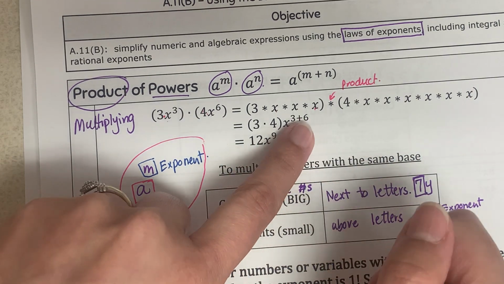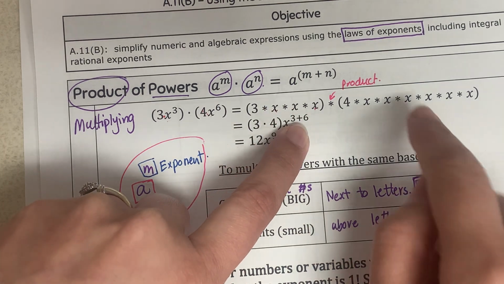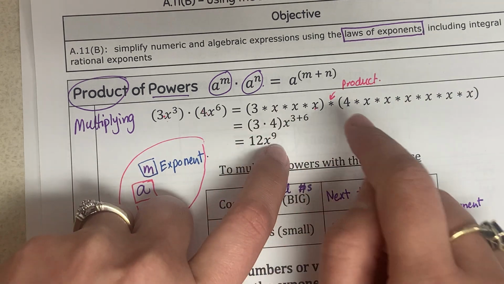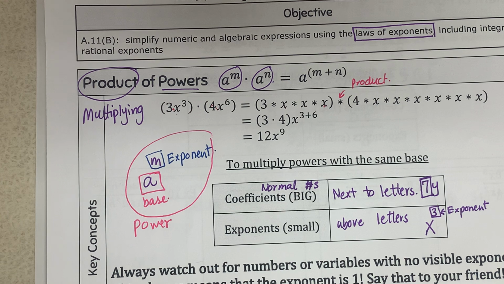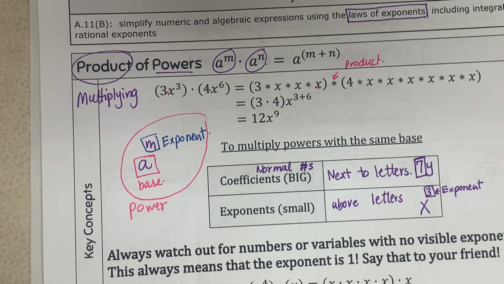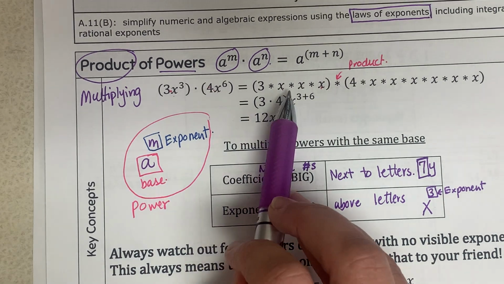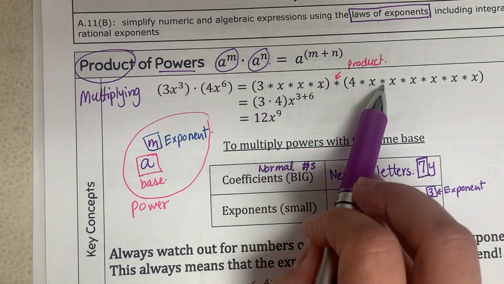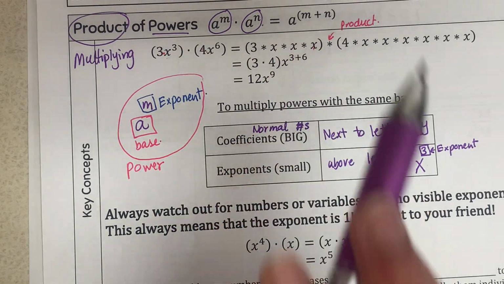So they came up with the property that it's 3 x's and then 6 more, so 3 plus 6 is 9. That's how they came up with the property. All you have to remember is that when you're multiplying, you add the powers with the same bases, m plus n.